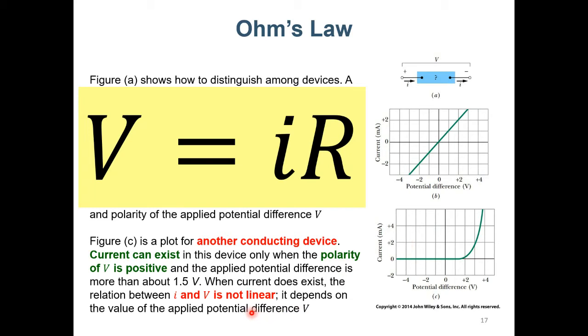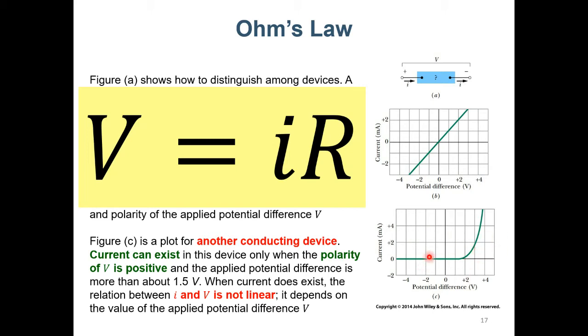However, there are some other conducting devices. The current can exist in the device only when the polarity of V is positive and the applied potential difference is more than about 1.5 volts. Where current does exist, the relationship between I and V is not linear. It depends on the value of the applied potential difference V.